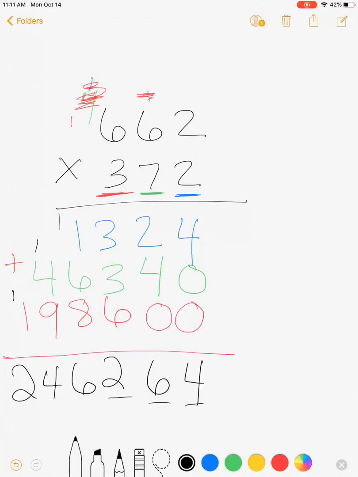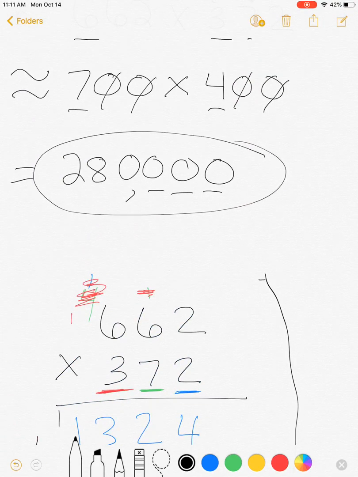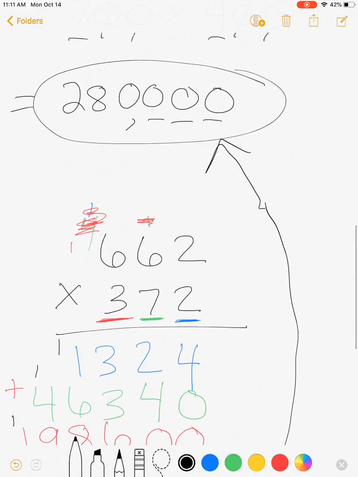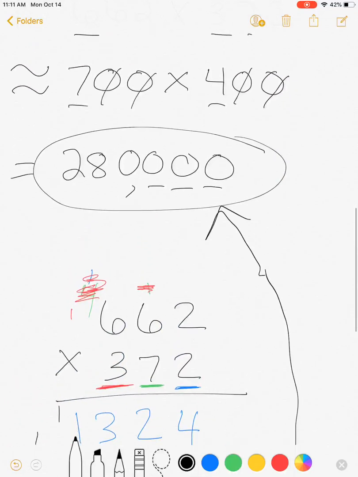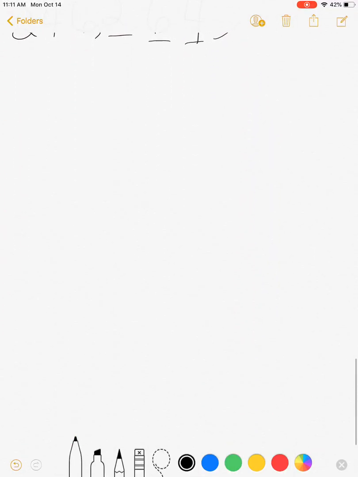One, two, three, comma. My product is 246,264. Check for reasonableness. It's in the 200,000 range, so it is reasonable. Yay. Okay, we're going to go to problem C.